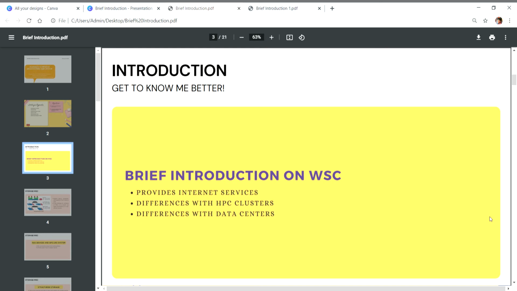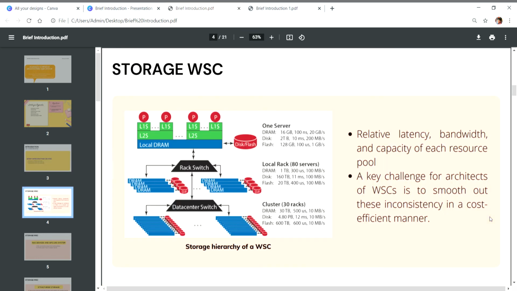WSC currently powers the services offered by companies such as Google, Amazon, Facebook, Yahoo, and also Microsoft Online Services division. So they differ significantly from a traditional data center, where they belong to a single organization, use relatively homogeneous hardware and system software platforms, and share a common system management layer.